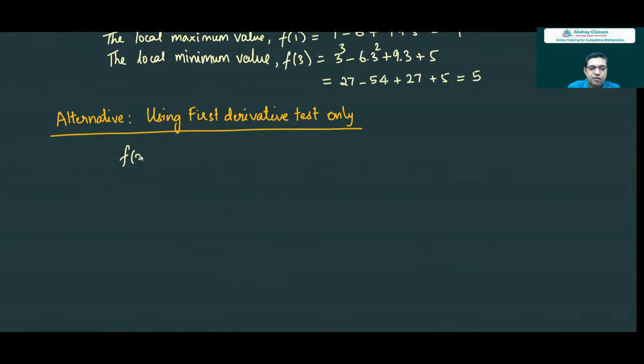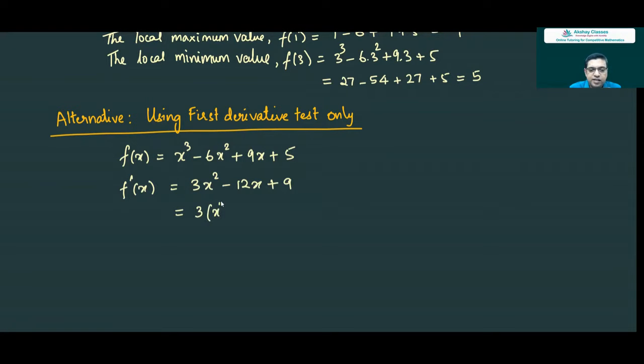So f of x is x cubed minus 6x squared plus 9x plus 5. The first derivative, as we found out earlier, again I'm writing, is 3x squared minus 12x plus 9, which is 3 into x squared minus 4x plus 3, which is equal to 3 into (x minus 1)(x minus 3).